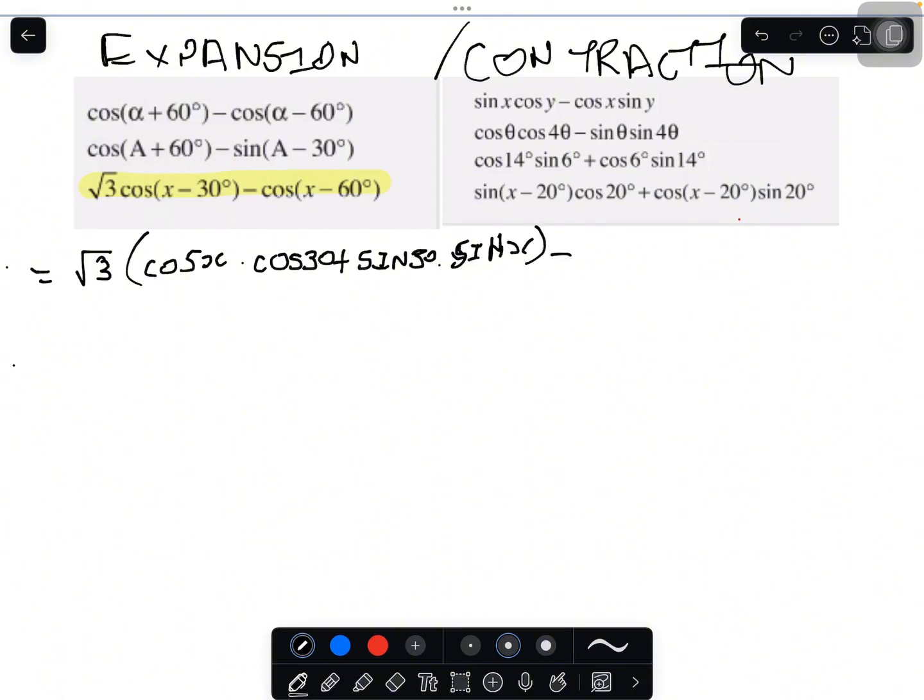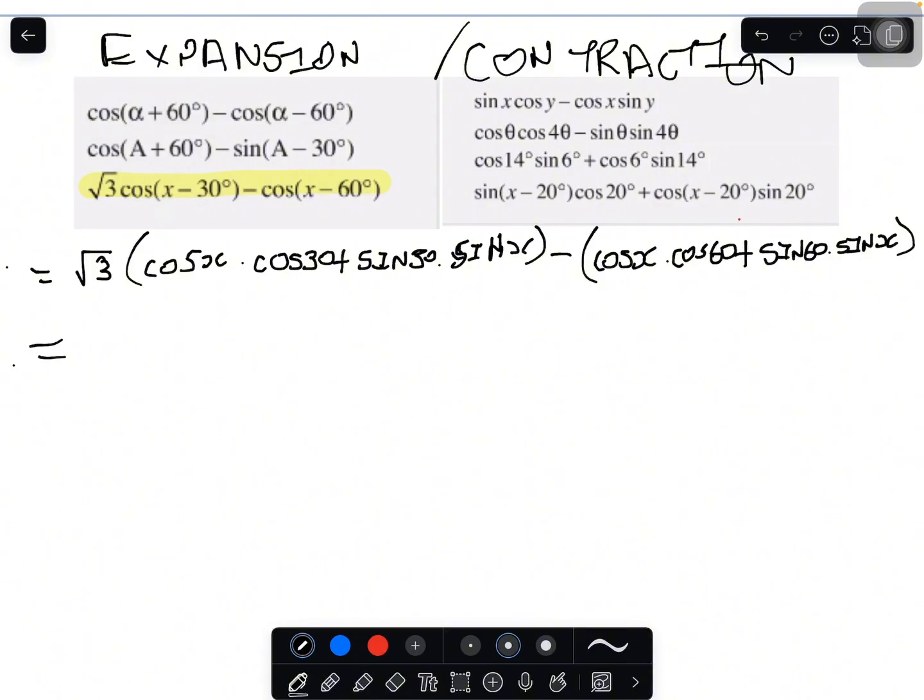We go minus, we're going to open a bracket again, and I'm going to have cos x times cos 60, and from the minus it's now going to change to a plus, plus sine 60 times sine x.